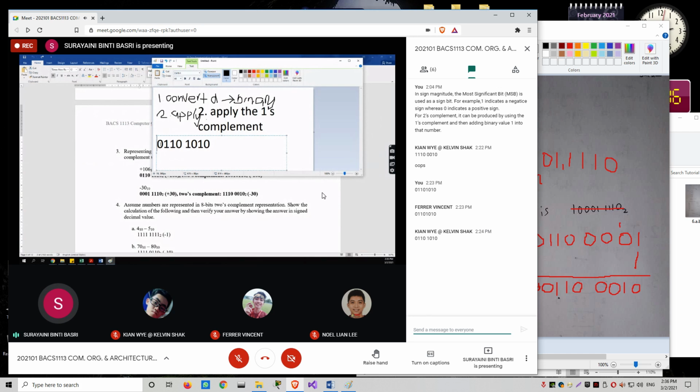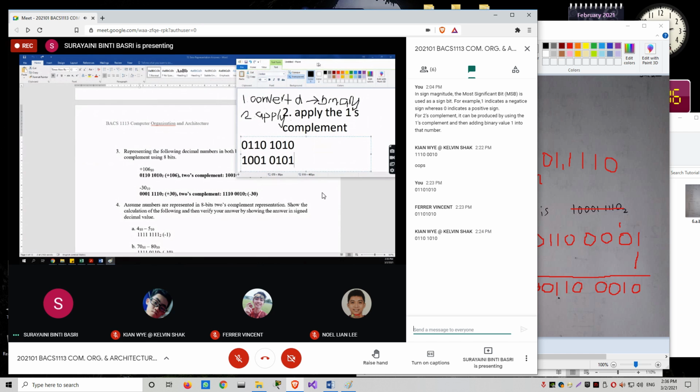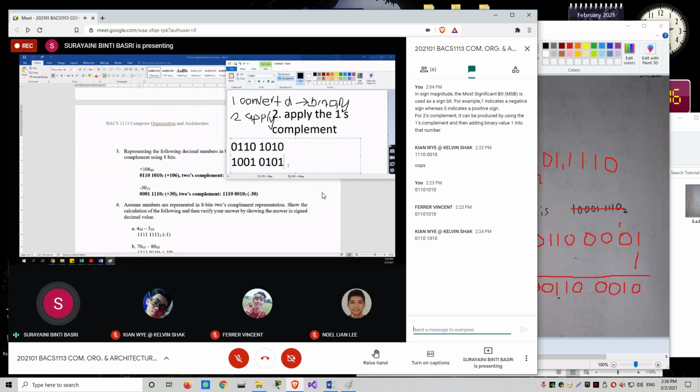So if 0, you get 1, and for 1, you get 0. This is the second step: the ones complement by just inversing it. After that, you apply the two's complement.